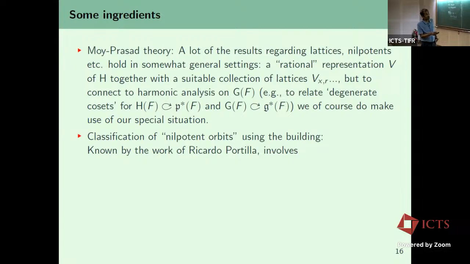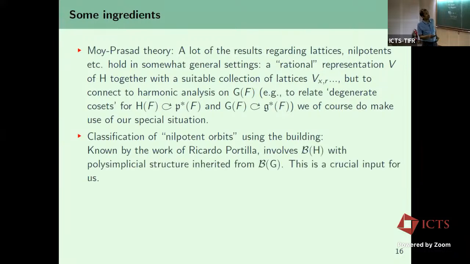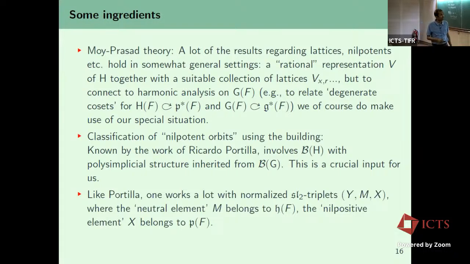Ricardo Portilla, I don't know how it is pronounced. Just like De Backer worked with the building of G, Portilla uses the building of H, but with polysimplicial structure inherited from the building of G. So this work of Portilla is a crucial input for us, and then SL2 theory is really crucial for all these computations.